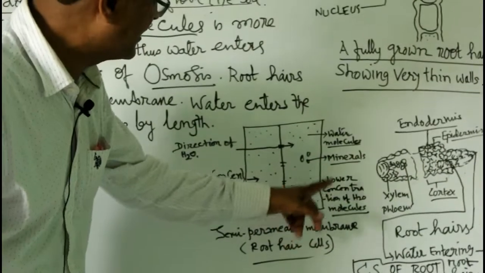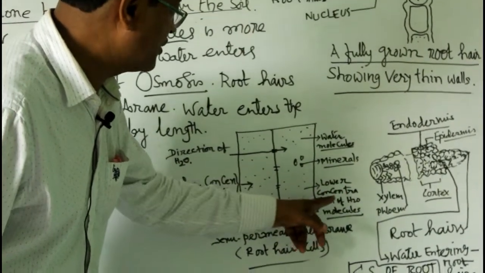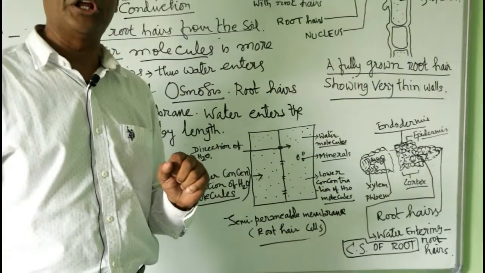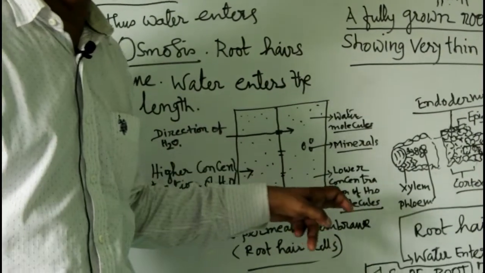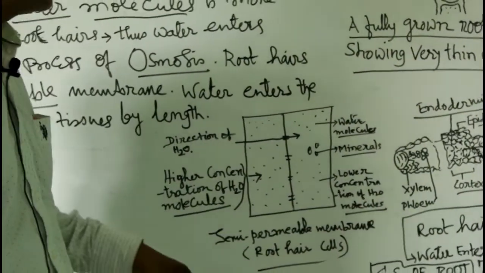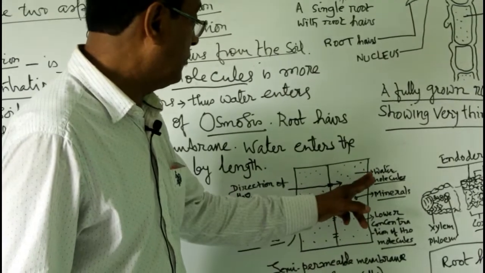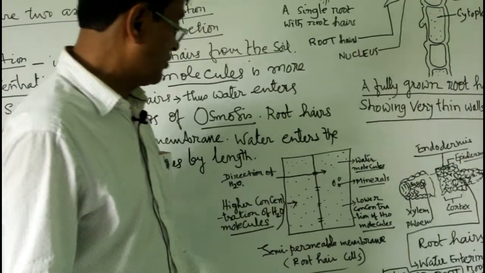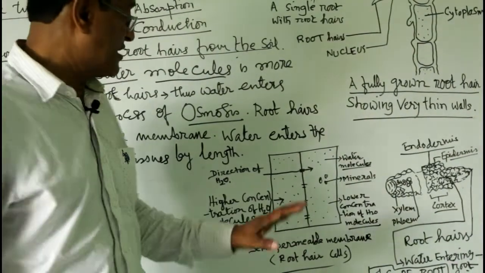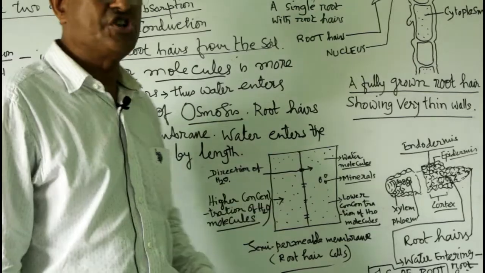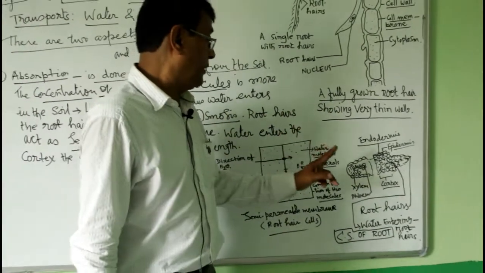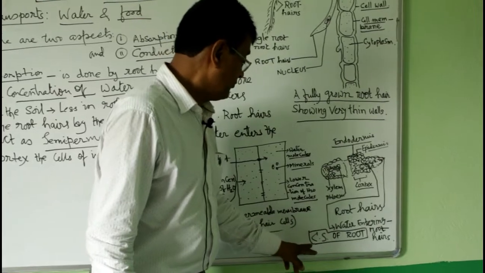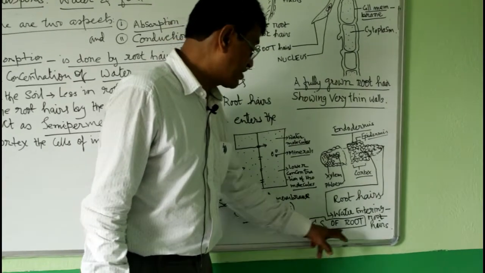You see here it is written lower concentration of water molecules. So the higher concentration of water molecules moves towards the lower concentration. You see the water molecules are there and minerals are also there. Now, this is a chart, but in actual matter, we have taken a CS, cross section of root.